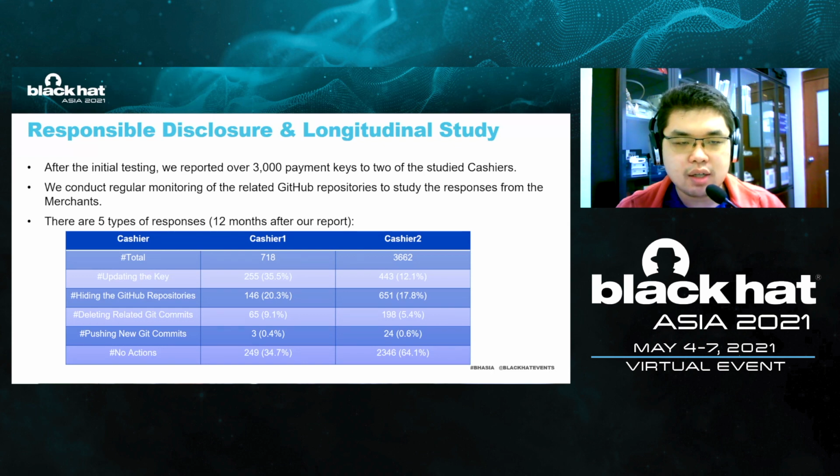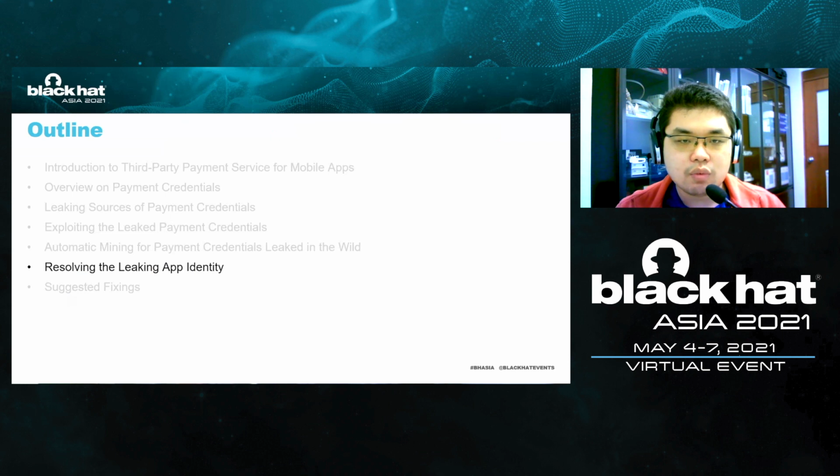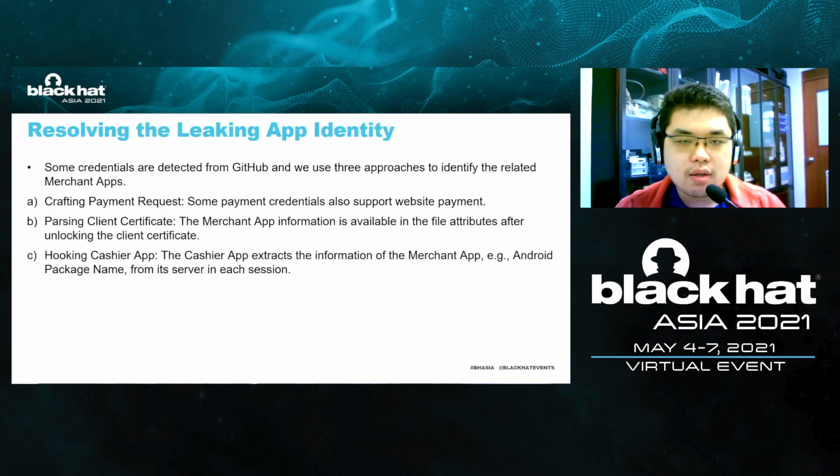Now I will talk about how to find the leaking merchant apps that are related to the detected payment credentials. Some credentials are obtained from the server code in GitHub repositories, so we cannot find the associated merchant apps directly.